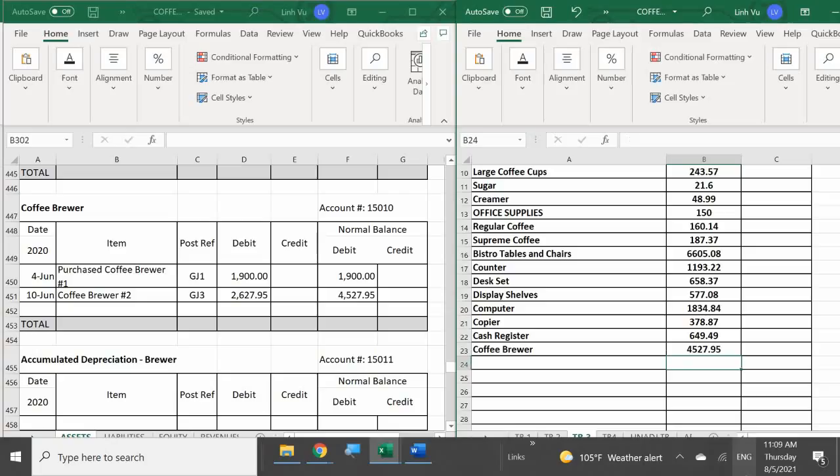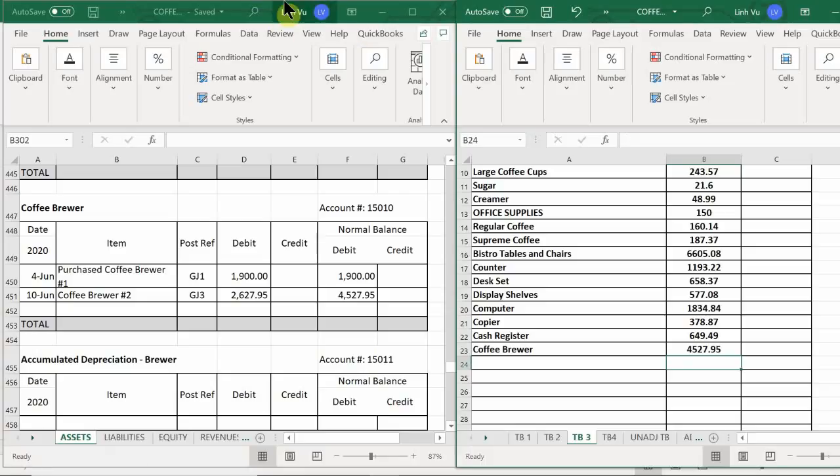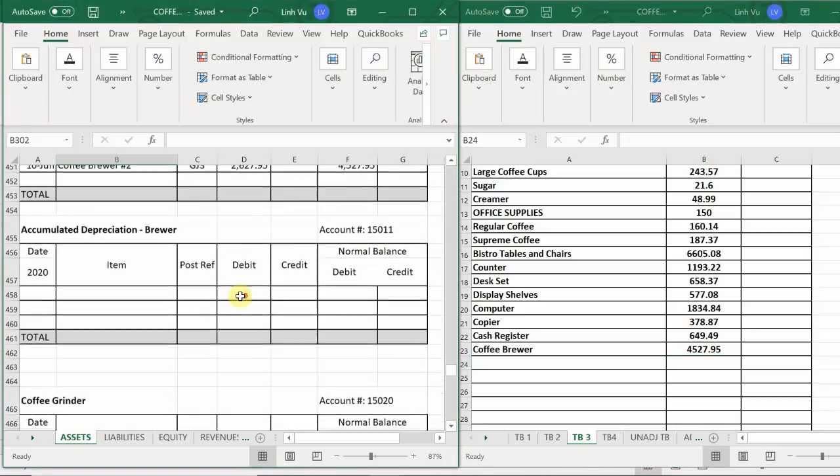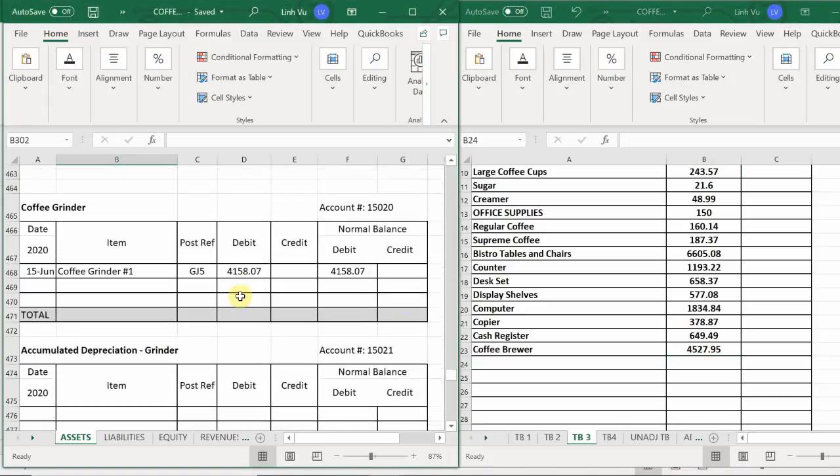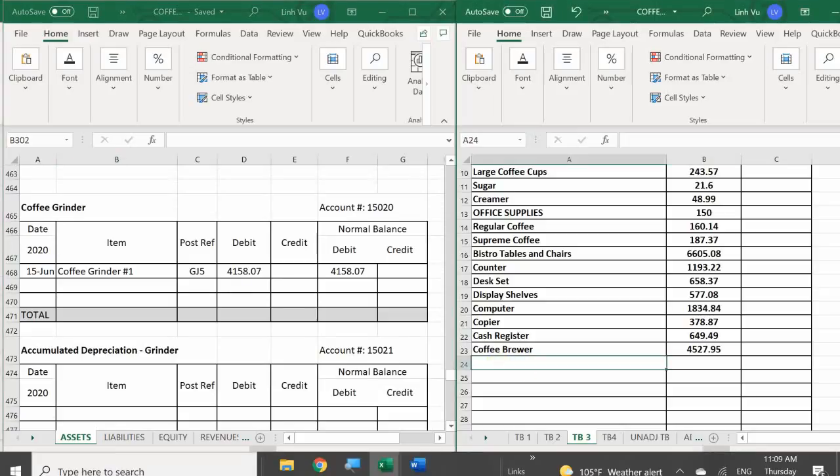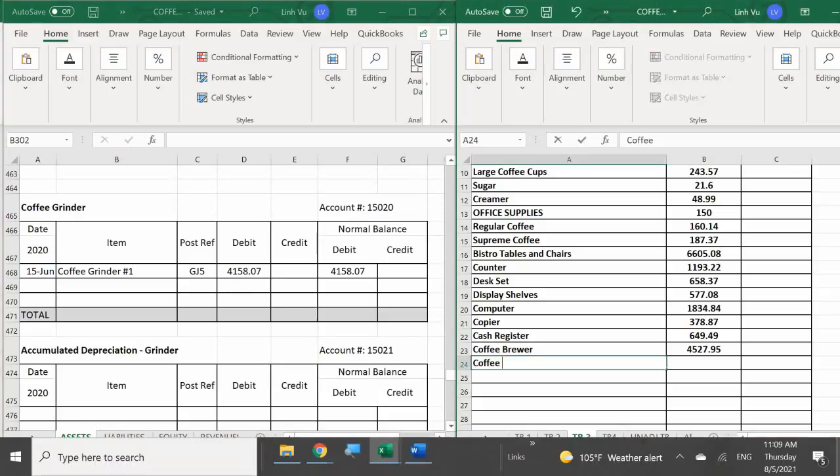Right, that's the total cost of both coffee brewers. We have a coffee grinder for $4158.07.